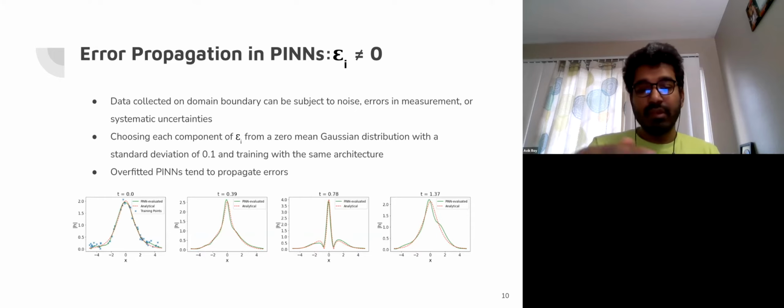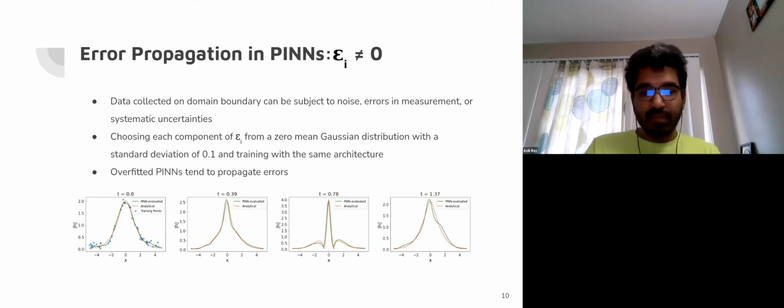So what we did, we introduced a very small amount of error. We took each of these epsilon i's from a zero mean Gaussian distribution with a standard deviation of 0.1. And what you can see in the very first plot here is how the field looks on the initial time slice.